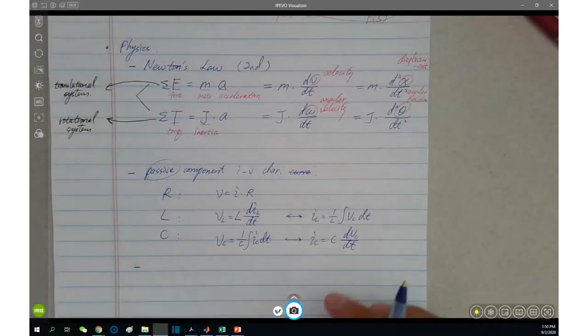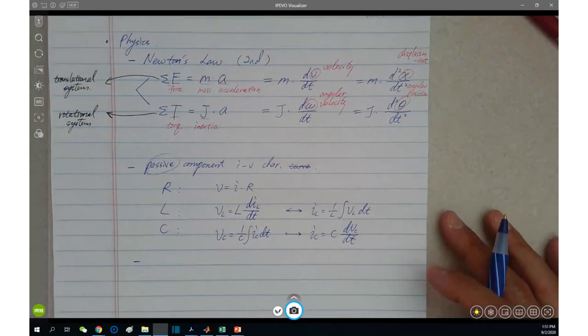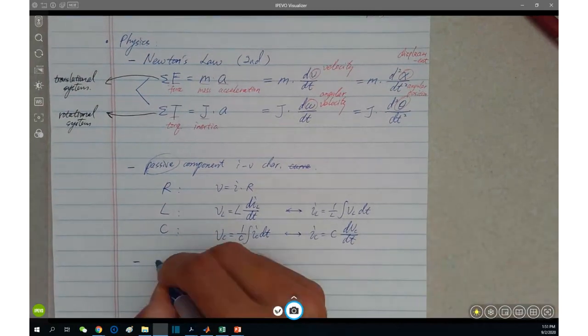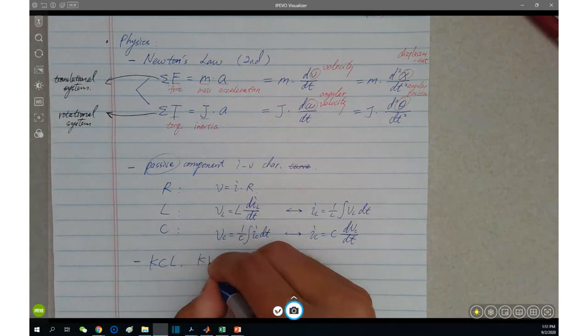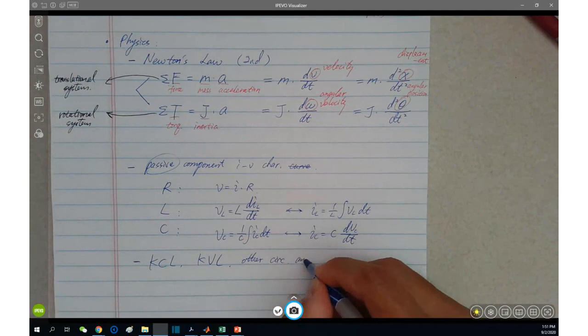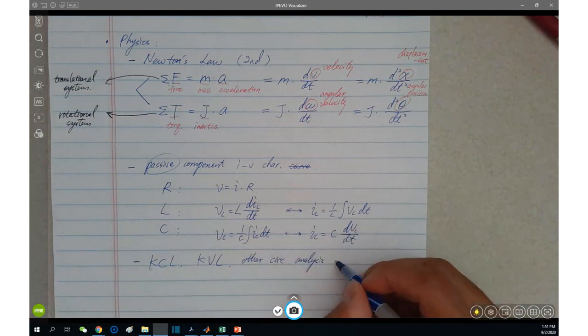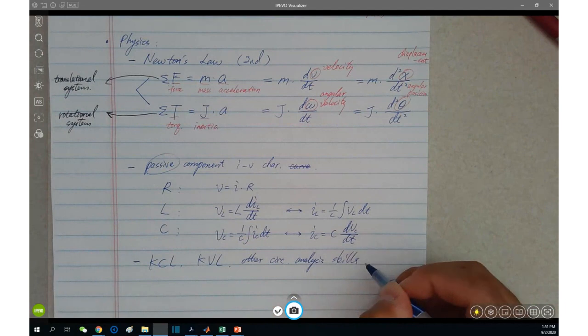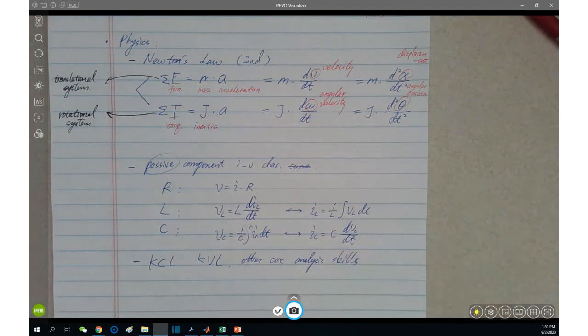What else can we have? We can come up with the differential equation or equations. Never forget KCL, KVL, and other circuit analysis skills. What I'm saying is, given not a mechanical system but an electrical circuit, we want equations to model this system or describe its behavior.